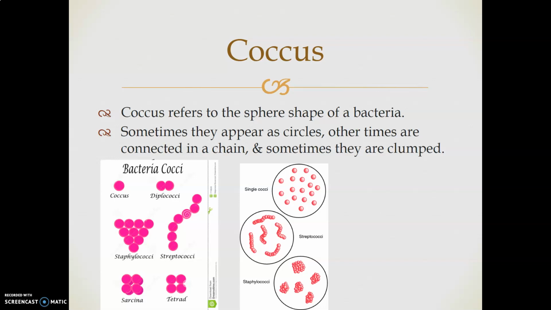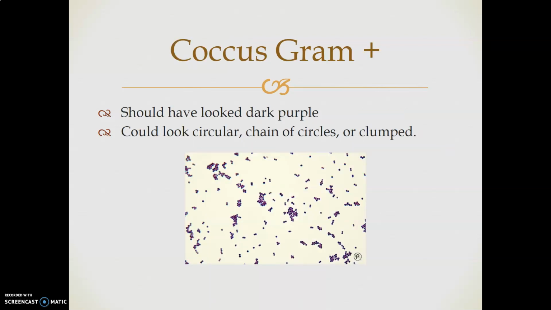You should know that streptococci is a long chain, because if you think of strep throat, it's a long chain of bacteria that causes that. Diplococci just means there are two bacteria cells, or two cocci bacteria. Again, it can be gram positive or gram negative.